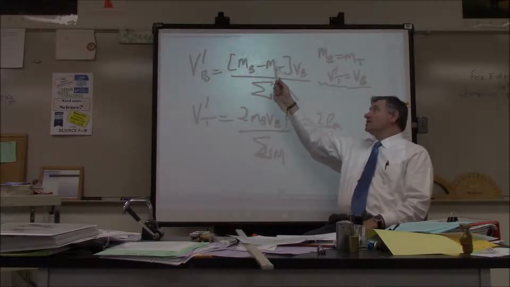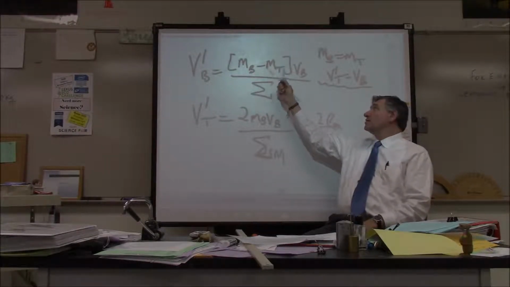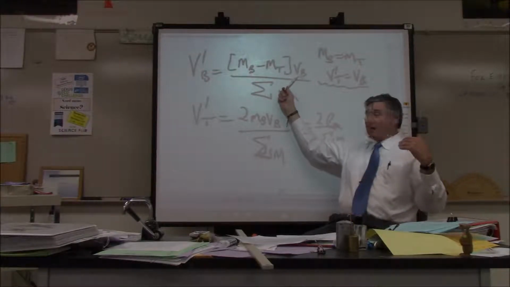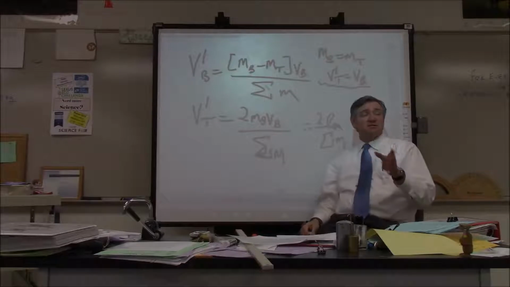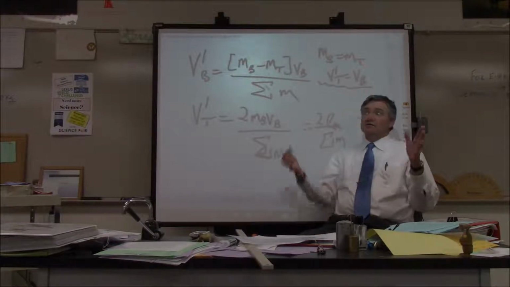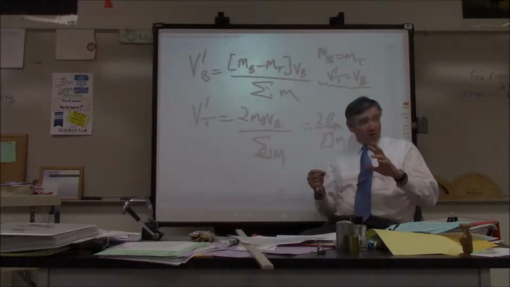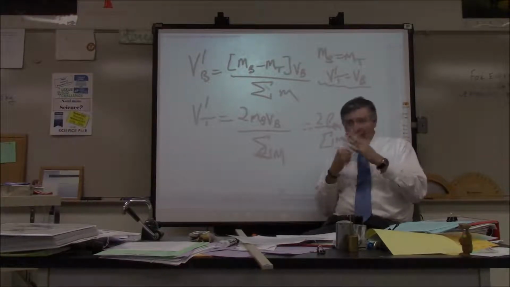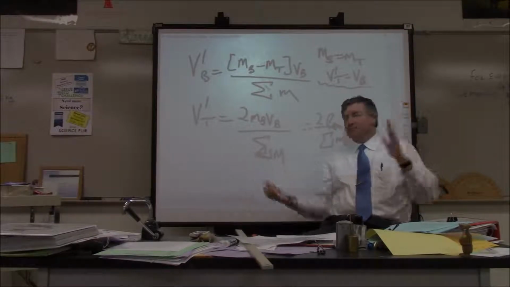Negative. So if I take a negative delta mass, multiply that by a positive velocity and divide it by the sum of the masses, what's going to be the sign of the new velocity of the bullet? Negative. So what is that physically going to mean? It's going to hit and bounce back. If the mass of the bullet is less than the mass of the target, it's going to come in, hit it, and bounce back.